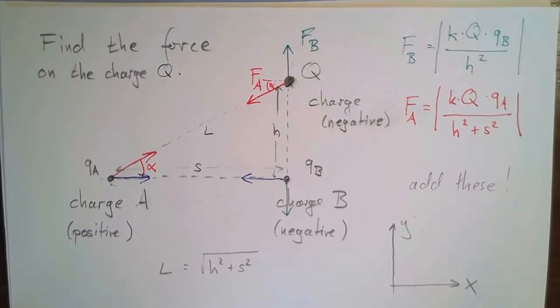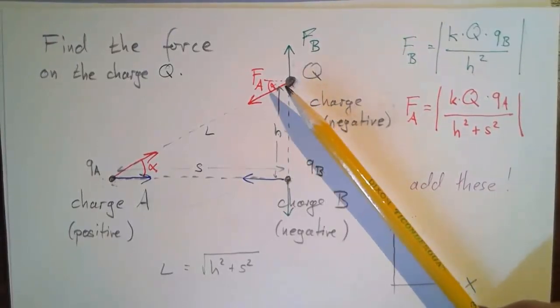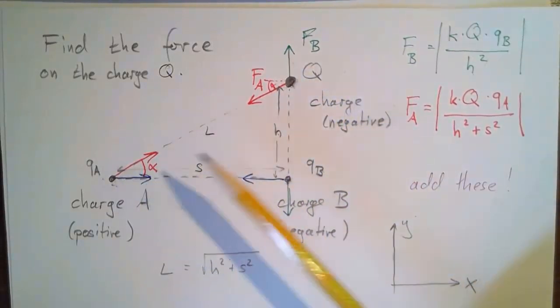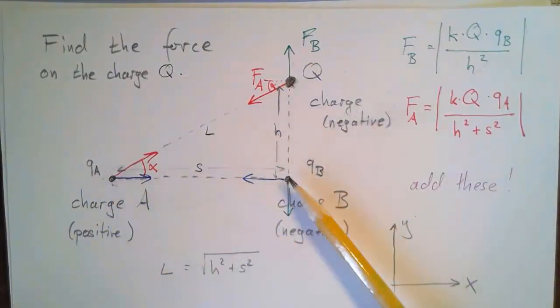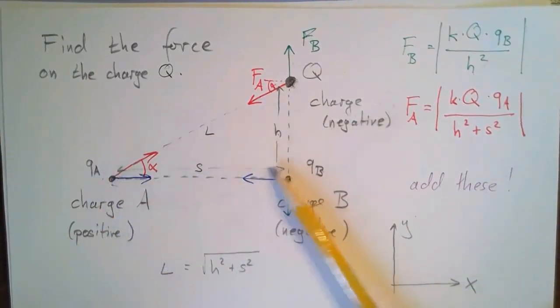Because I do it step by step. I know what's physically going on. I know what I'm physically caring about, right? The force on this one, the interactions between this one and each single other object that might be involved here. In this case, those two charges. I do not care about what the charges do between themselves.